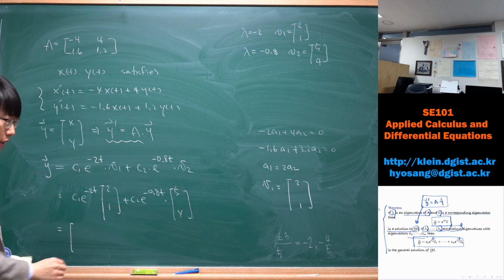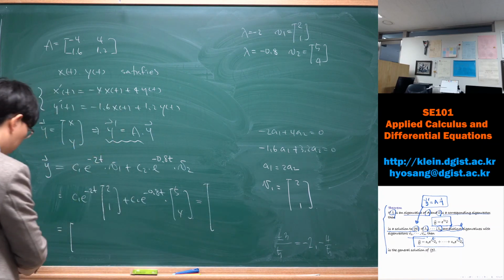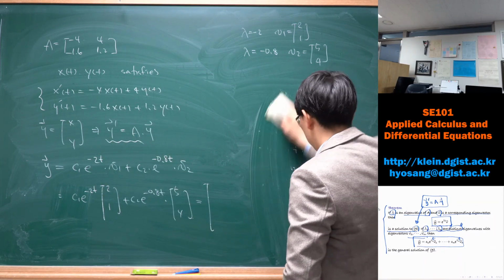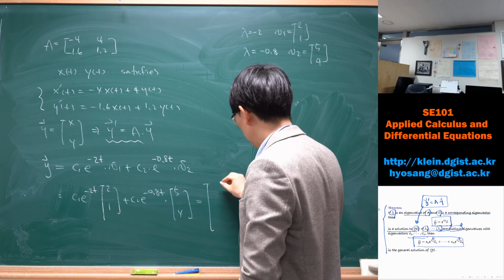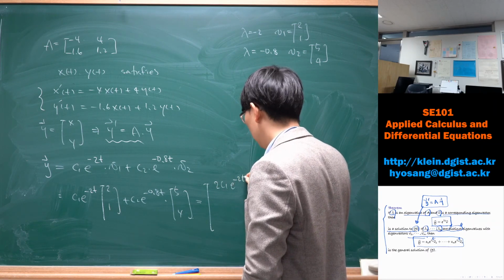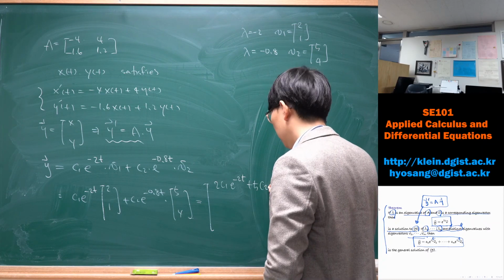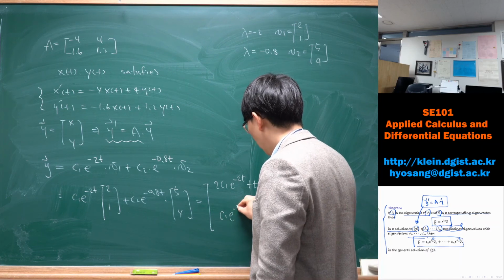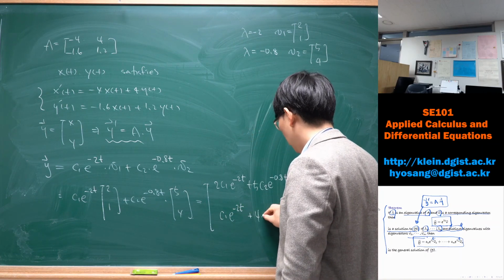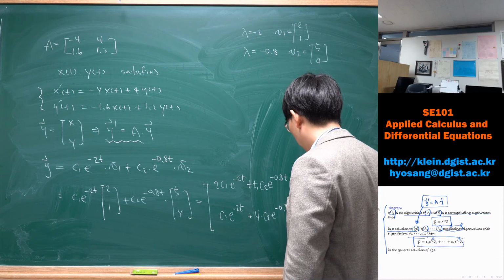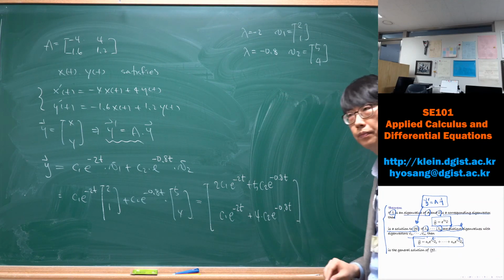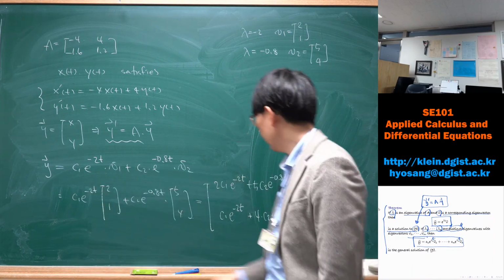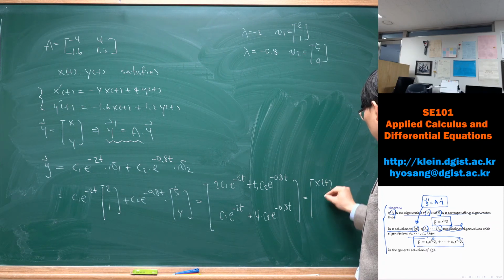Okay. So if you make it into one single column matrix, then this is 2c1 e to the negative 2t plus 5c2 e to the negative 0.8t, and then c1 e to the negative 2t plus 4 times c2 e to the negative 0.8t. Okay. And what was the y vector? It consists of two functions, x t and y t.